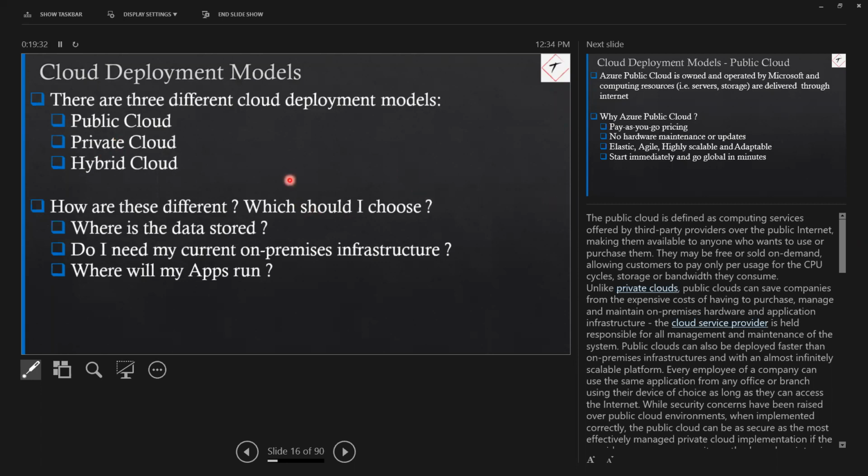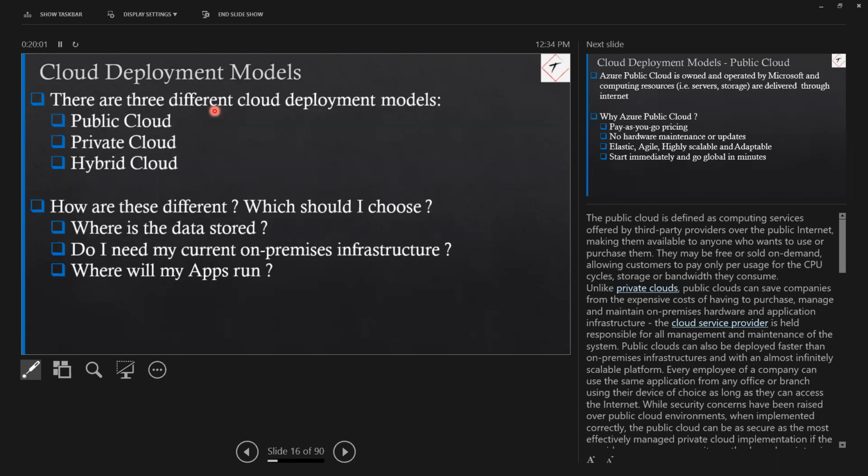They may be free or sold on demand, allowing customers to only pay per use of the CPU cycles, storage, or bandwidth they consume. Unlike private clouds, public clouds can save companies from the expensive cost of having to purchase and manage on-premises hardware, applications and infrastructure.